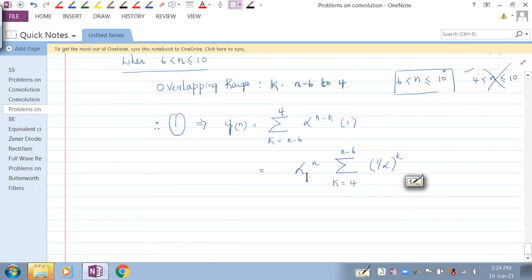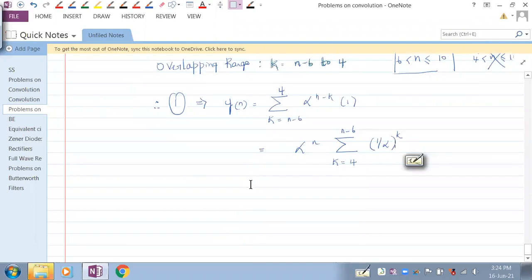If this summation, instead of starting at 4, has to start at 0, this signal I will drag back by 4. Doing that is as good as doing this. Everybody just see here very carefully. I'll do k minus 4 equal to 4 minus 4, and here it is n minus 6 minus 4.